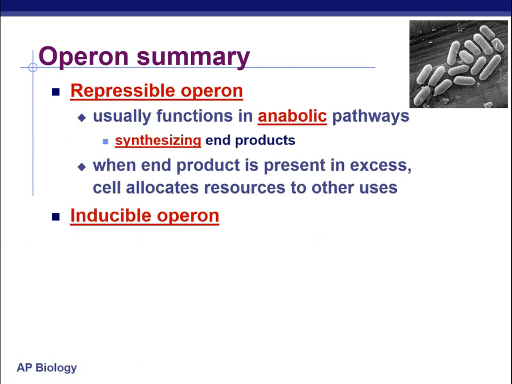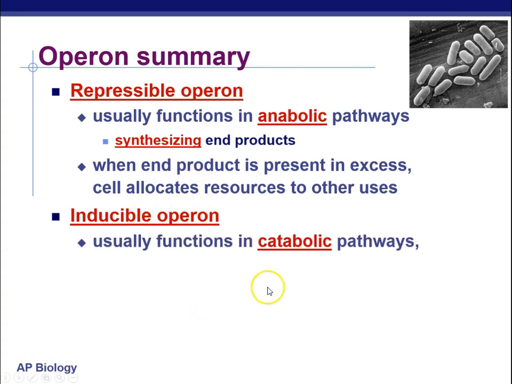All right, so the repressible operon, this is usually for anabolic pathways. Remember, anabolic pathways are those that build, just like anabolic steroids can build. Anabolic pathways are used to build molecules like the building of tryptophan.